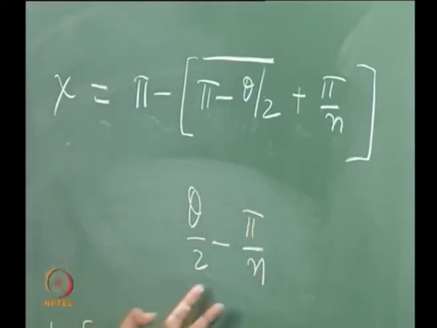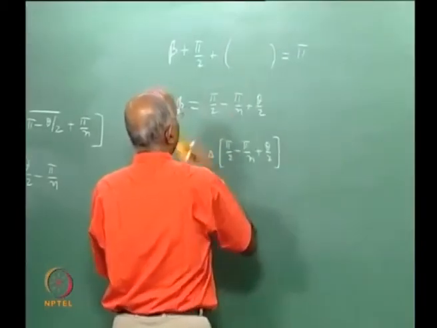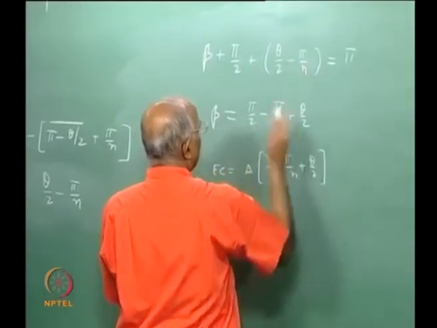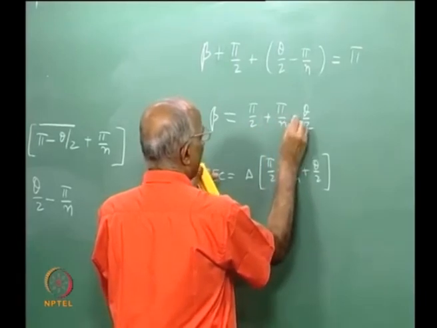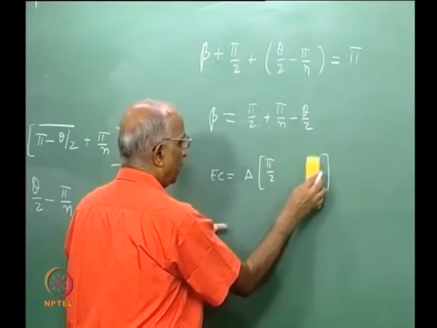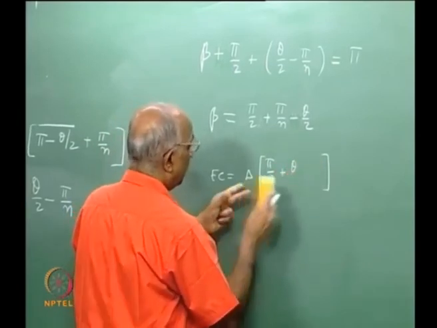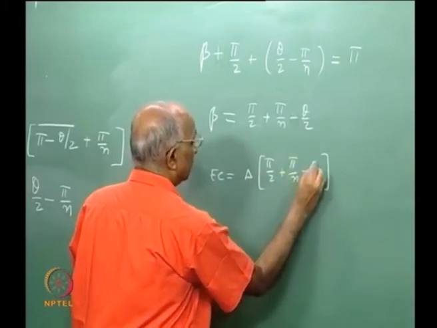If it is theta by 2 minus pi by n, the sign gets changed, plus and minus, and therefore the angle is equal to pi by 2 plus pi by n minus theta by 2.